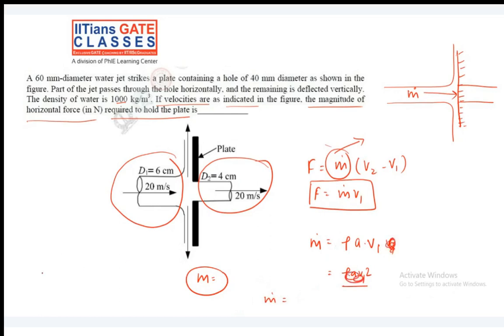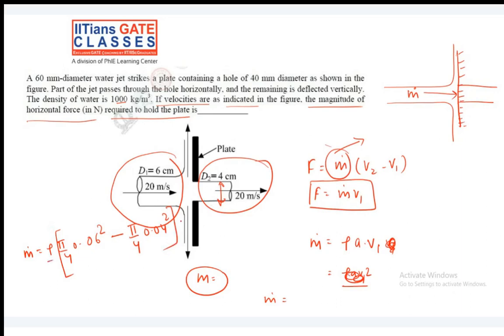So what is the mass flow rate which will strike it? It is rho, area is pi by 4 into 0.06 whole square, that is 60 mm, minus pi by 4 into 0.04 square, into velocity.